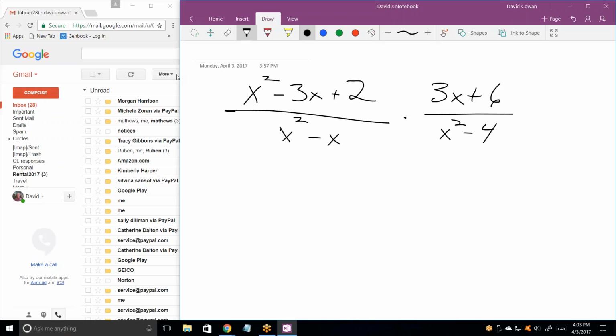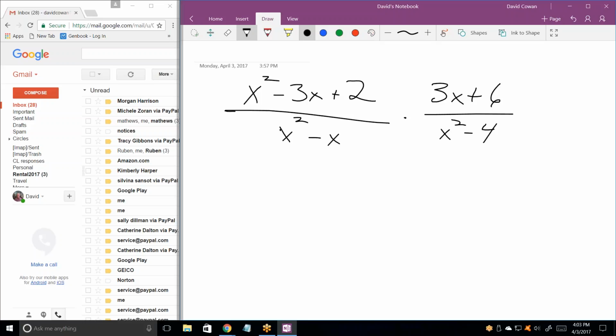Whenever you see problems like this, it's a factoring problem. Notice that we can factor the top left numerator, the top right numerator, the lower left denominator, and the lower right denominator. Let's do it, and we'll end up with a bunch of linear terms, and then we can cancel wherever they're the same.